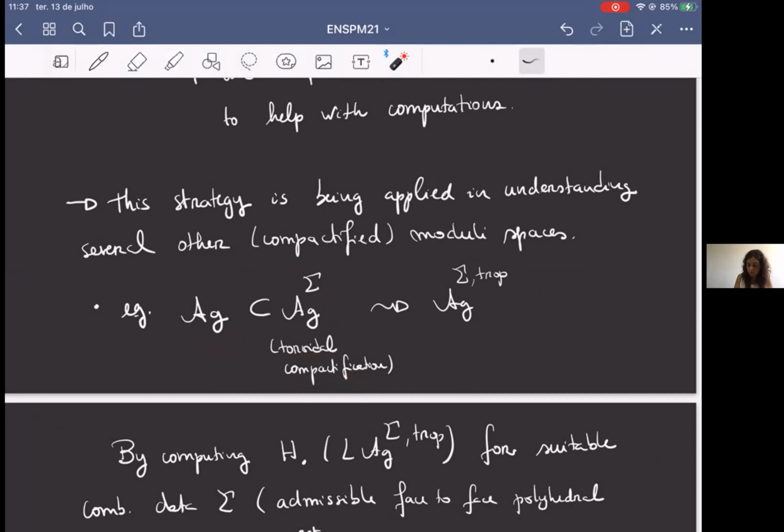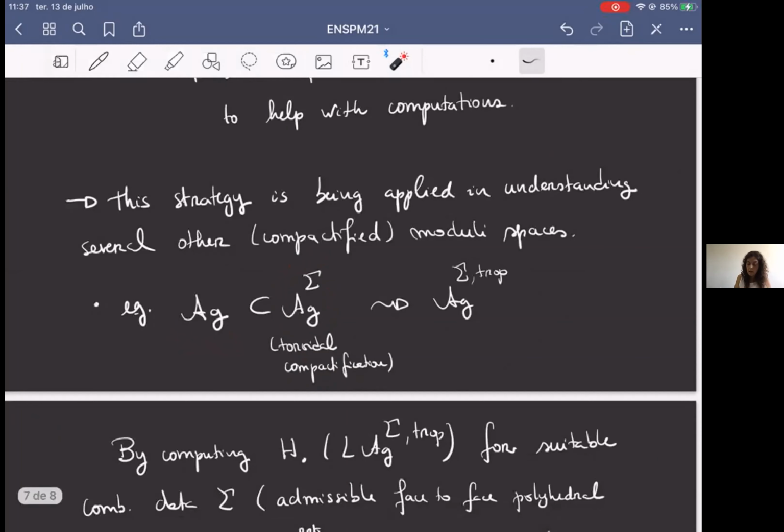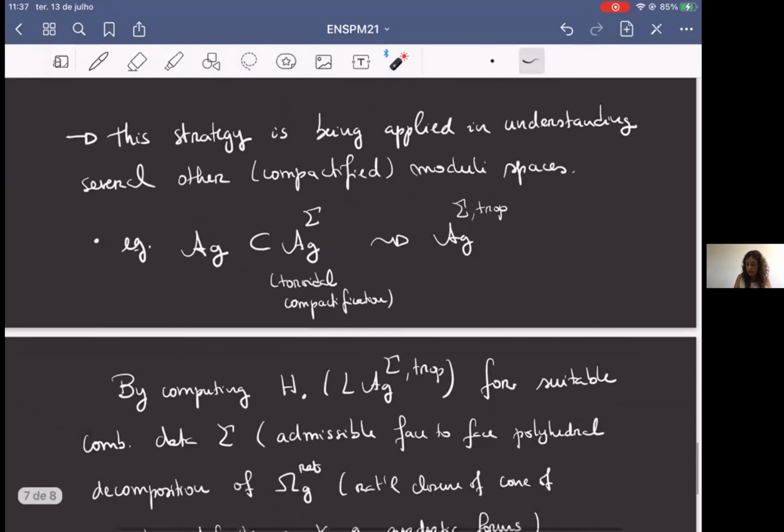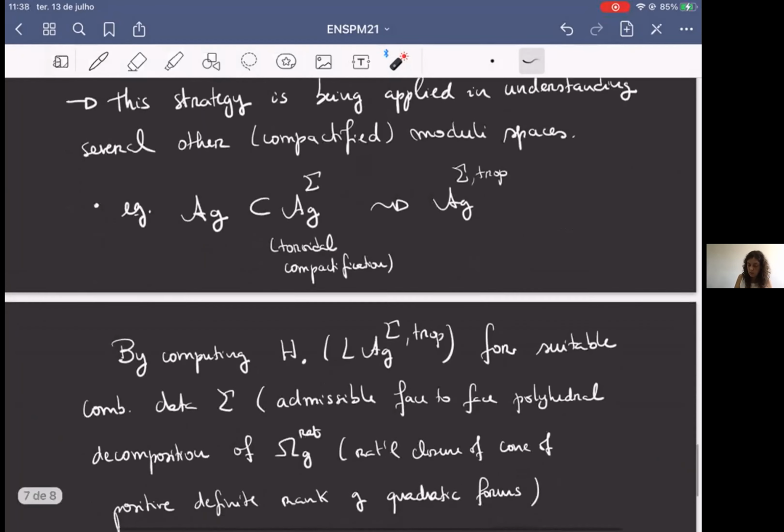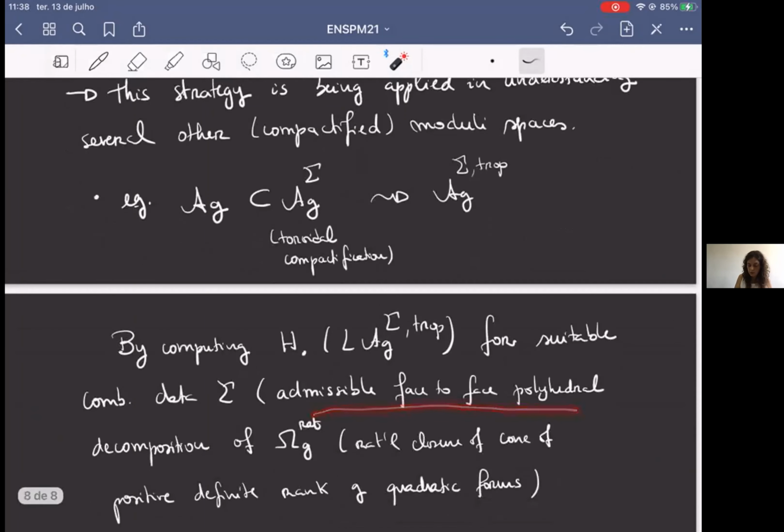This was constructed by Mumford, and they depend on some combinatorial data, which is an admissible face-to-face polyhedral decomposition of the cone of positive definite quadratic forms of rank G. So it's a long story, but out of such a decomposition, and there are some known decompositions, you can construct a toroidal compactification of AG.